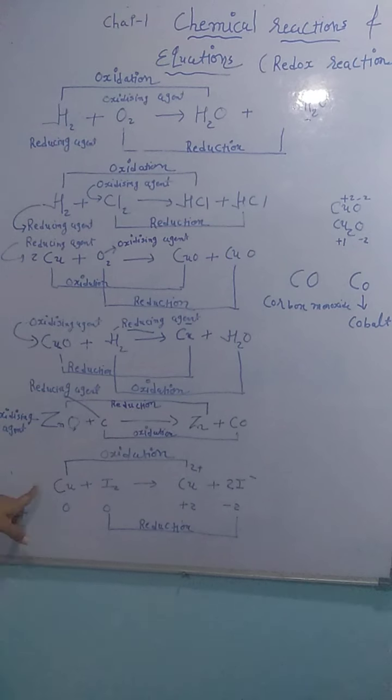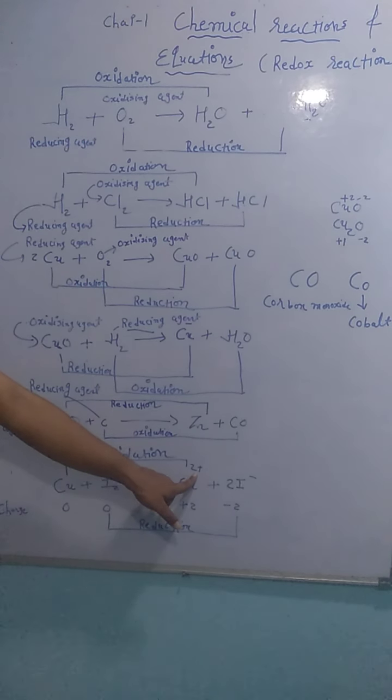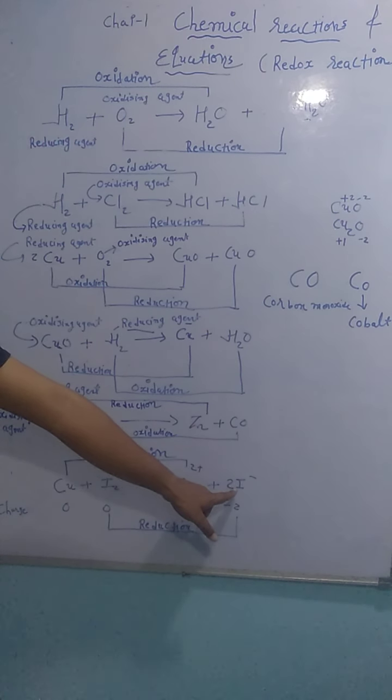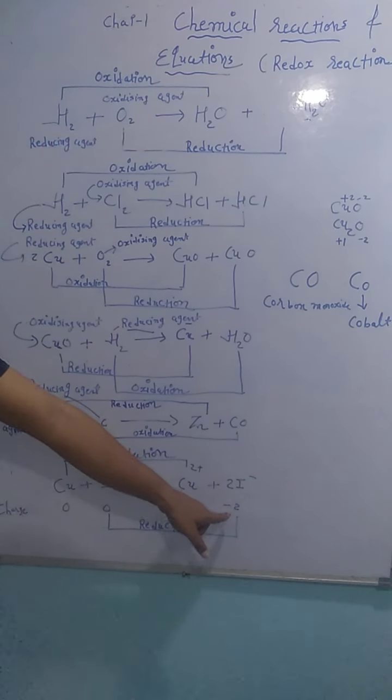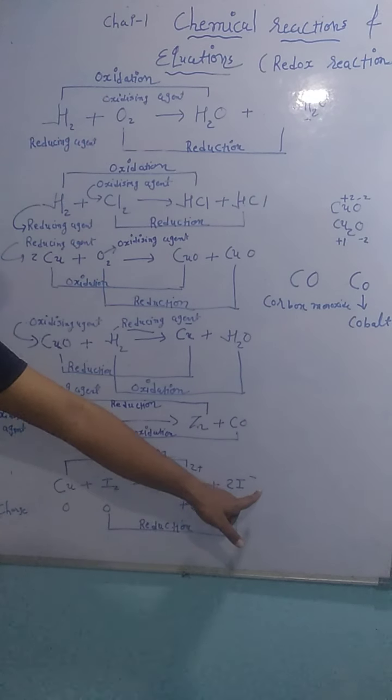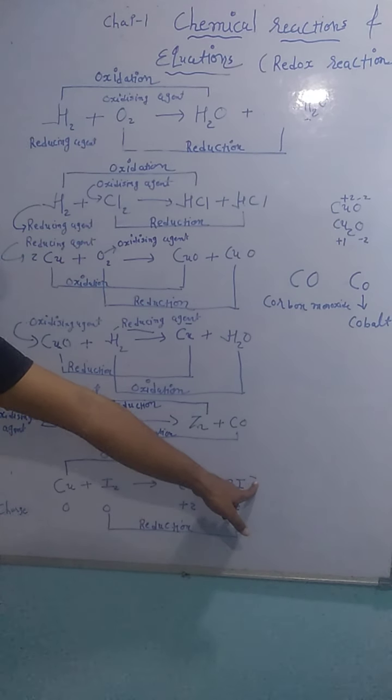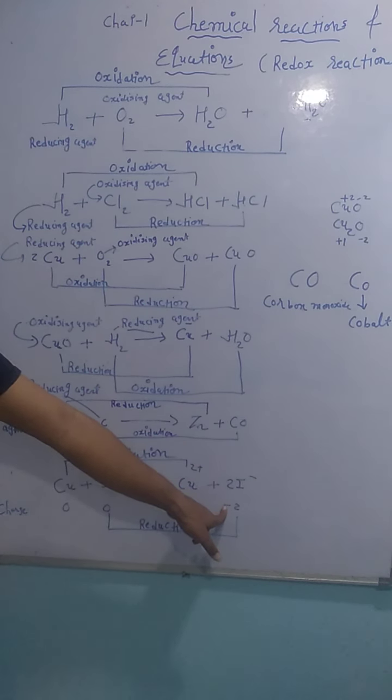Now we will check. Cu has no charge, so protons and electrons are the same, 0. I2 has no charge, so it is 0. Cu now becomes plus 2, meaning protons are more and electrons are less, by 2 electrons. Here I is minus 1 but 2 I is present, so 2 electrons are more.